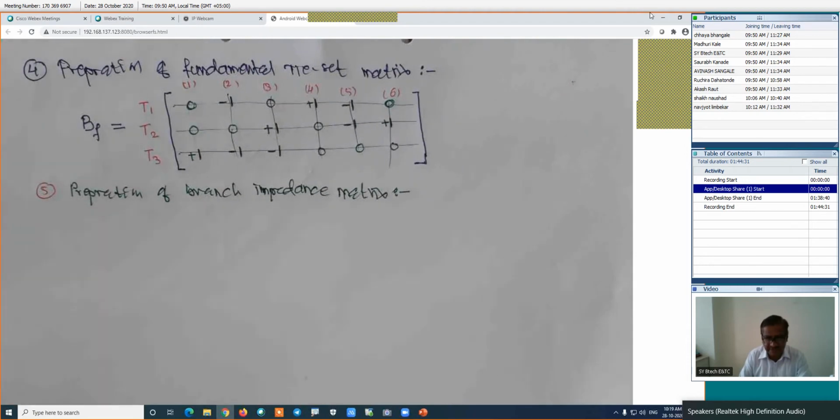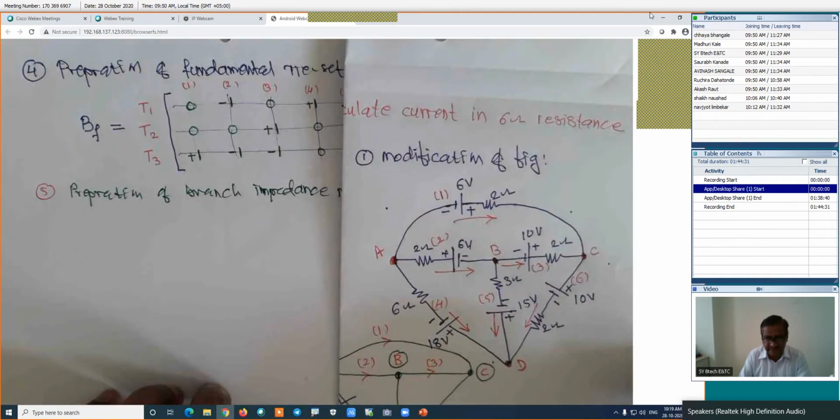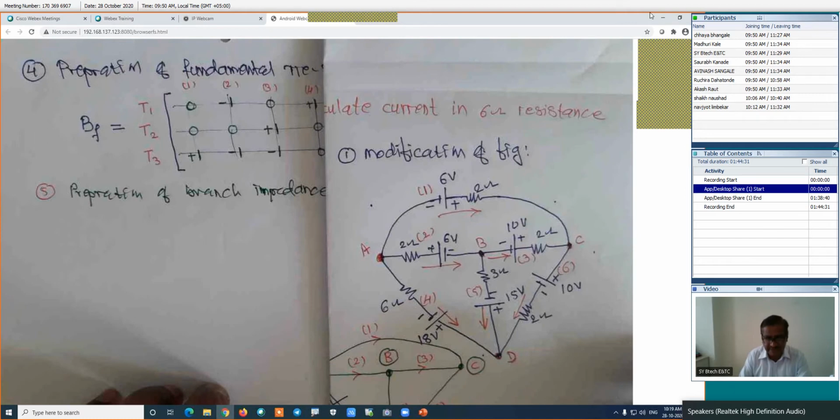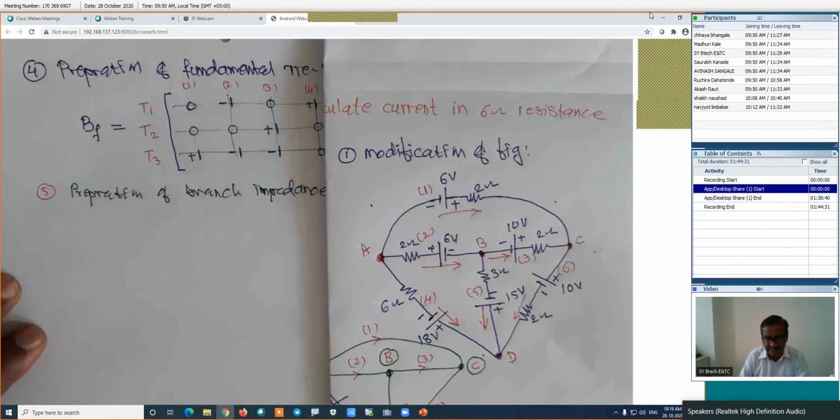Now we will prepare the branch impedance matrix. Now look at how the branch impedance matrix will be. That I will discuss here. In this figure, we will prepare the ZB, the branch impedance matrix.